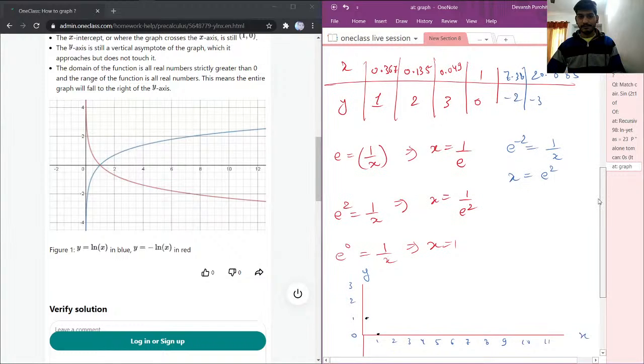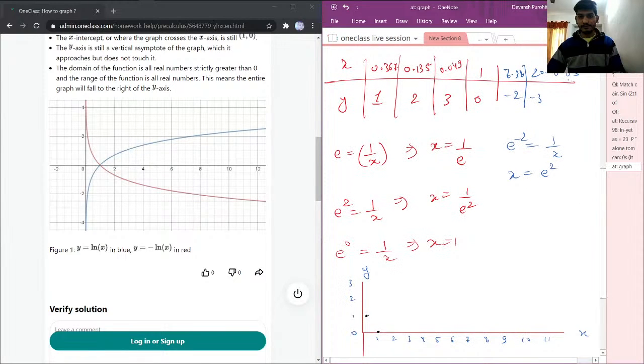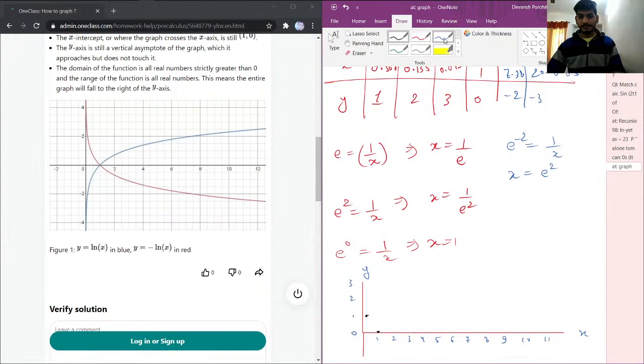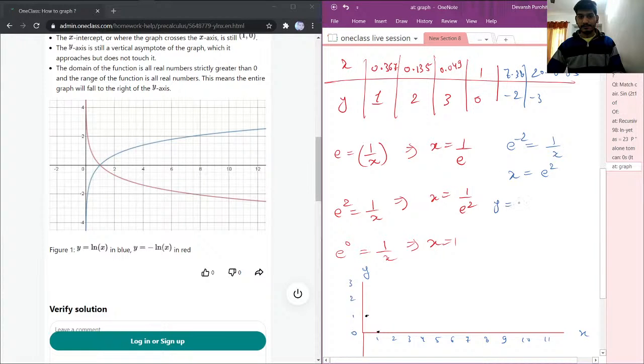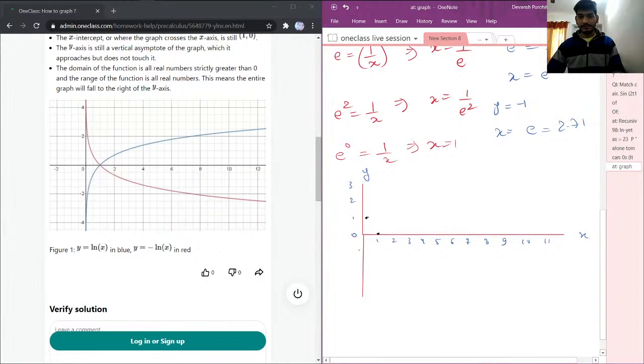So for y equal to -1, my x will be e, which is 2.7, somewhere here.